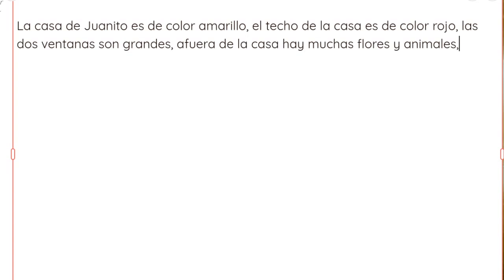Adentro de la casa hay un televisor, coma, una mesa y 4 sillas verdes, coma.